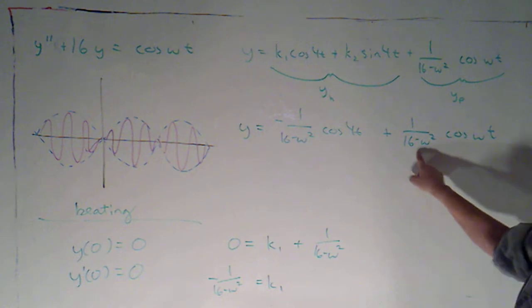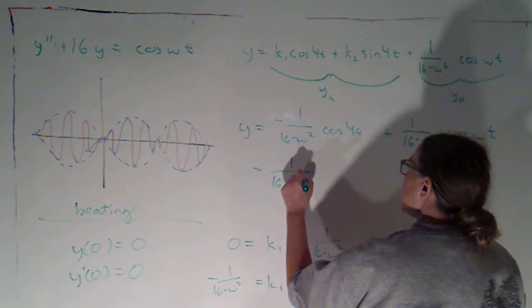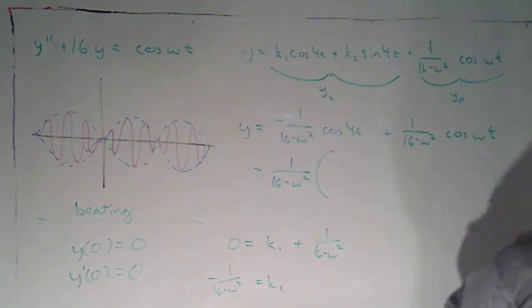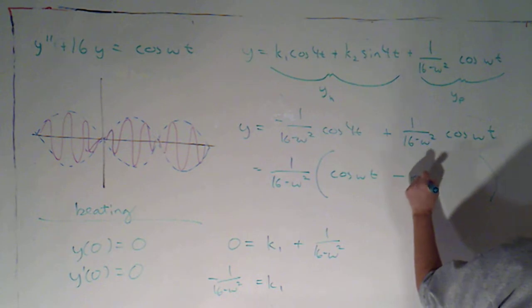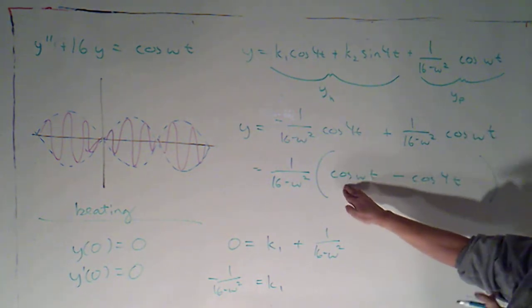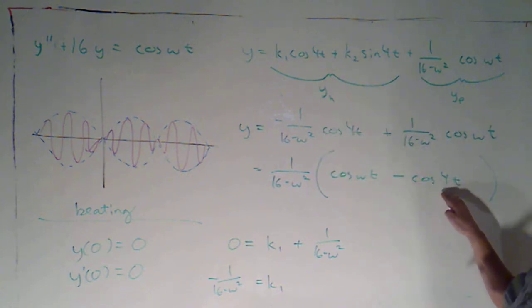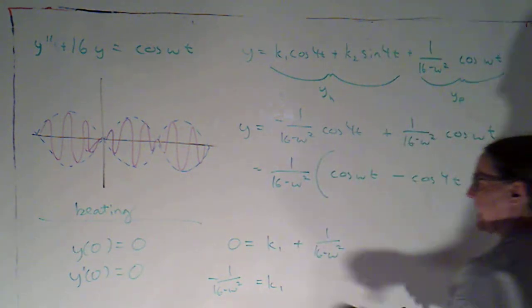This piece drops out because K2 is 0. I think I'm just going to factor out a 1 over (16 minus omega squared). Then I can say I'm getting cosine omega t minus cosine of 4t, just choosing to put the positive term first and then subtract the one that had a negative sign in front of it. Okay, so that's the solution that we're going to be taking a look at.